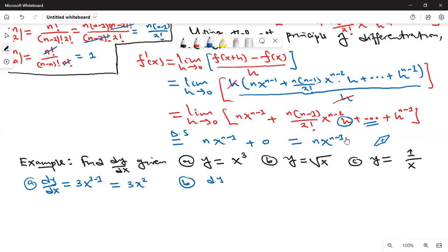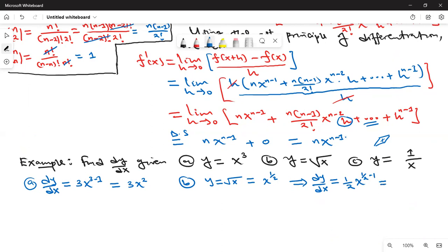In part B, remember something you need to take note of. y is equal to root x. Root x is the same as x raised to 1 over 2. So therefore, dy dx is now bring down the power, that is 1 over 2 times x raised to 1 over 2 minus 1.